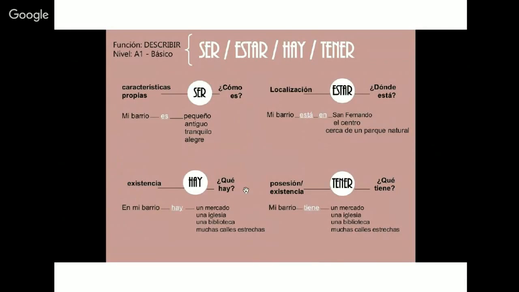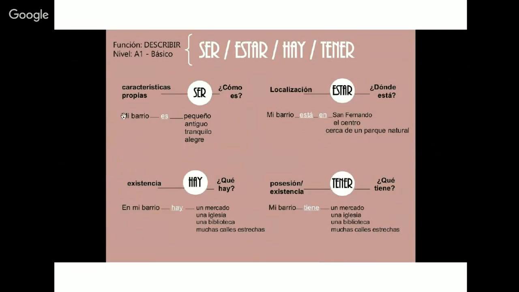So the question ¿qué hay? means what's there. And tener es para hablar de posesión o existencia. Tener is to speak about possession or existence. So we talk about something that we possess or something that a place possesses. ¿Qué tiene? What does it have?